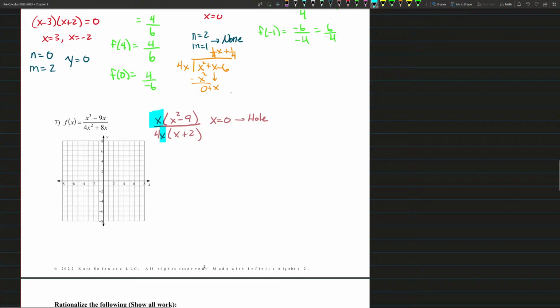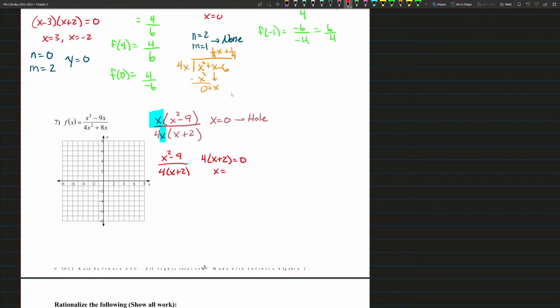This also makes it really easy for us. So using the rest of this, we get x squared minus 9 over 4 times x plus 2. We can set this denominator equal to 0. And that'll give us our asymptote.